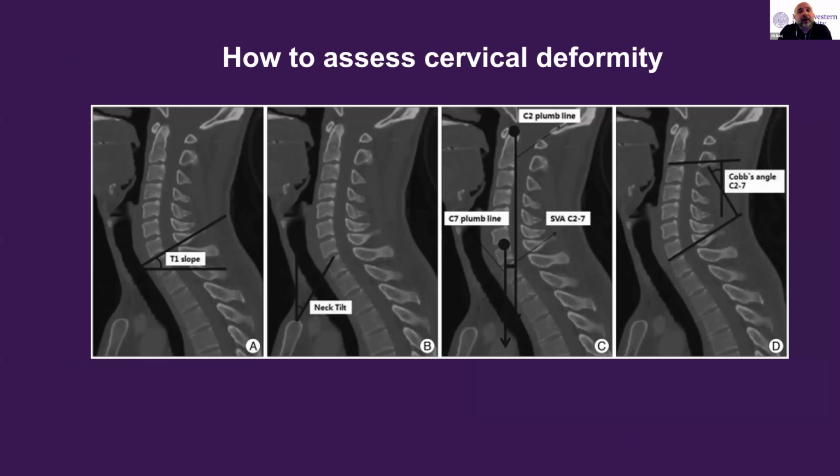So when we talk about defining the parameters, everybody here knows we really look at standing X-rays, and I'll show some examples. Upright X-rays, standing scoliosis X-rays. I put these parameters here on a CT scan just to make it easier to measure and to look at what we're actually talking about. But in full disclosure, of course, these parameters should be looked at under X-rays, standing X-rays, upright X-rays.